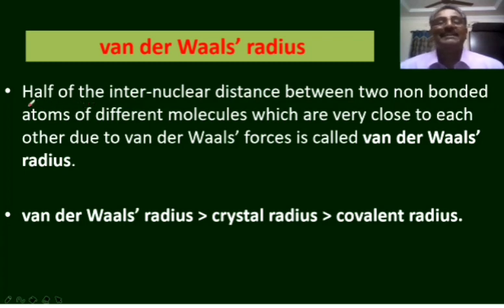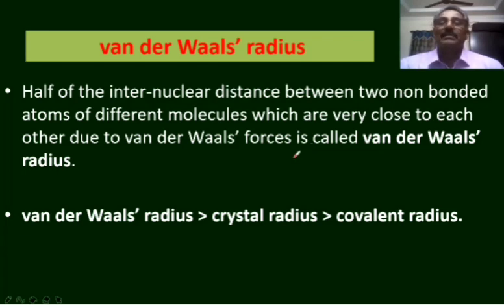But crystal radius is half of the internuclear distance between two metallic atoms in the crystal lattice of a metal, whereas half of the internuclear distance between two atoms in a homogeneous diatomic molecule is defined as the covalent radius, whereas half of the internuclear distance between two non-bonded atoms of different molecules which are very close to each other due to van der Waals forces is called the van der Waals radius.